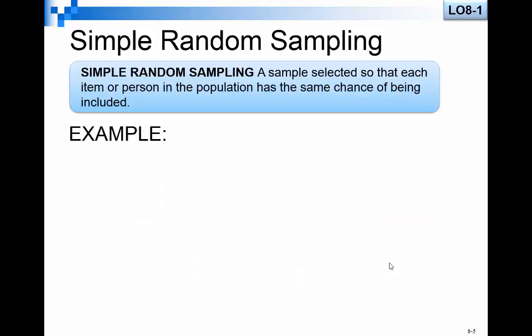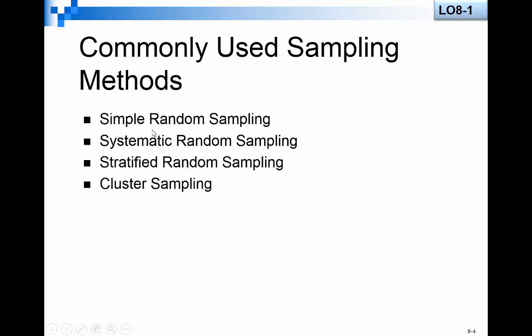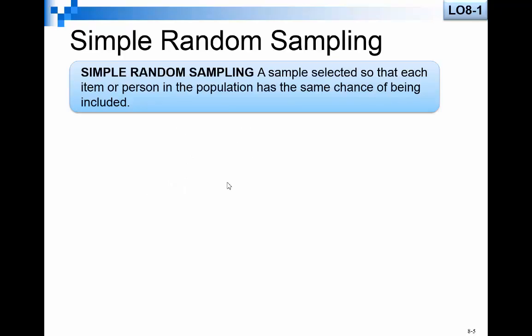Samples may be obtained by simple random sampling, or by systematic random sampling, or by stratified random sampling, or by cluster sampling. The important point here is that we're obtaining a sample from a population.